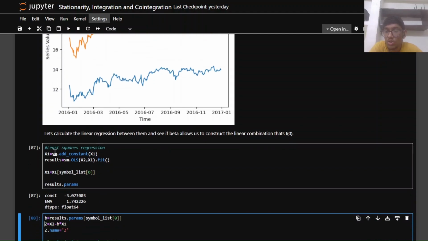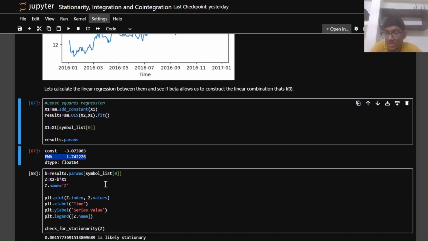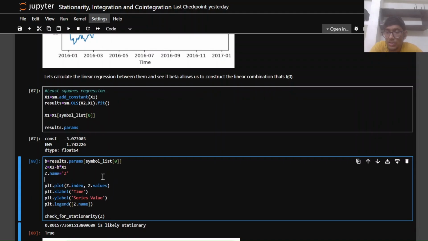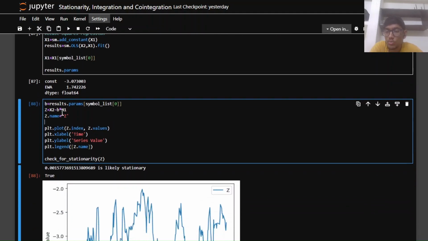So this is just the code for the least squares regression, and we get our beta for EWA to be 1.74223. We then use this beta to construct our linear combination and try to figure out whether it is I0.